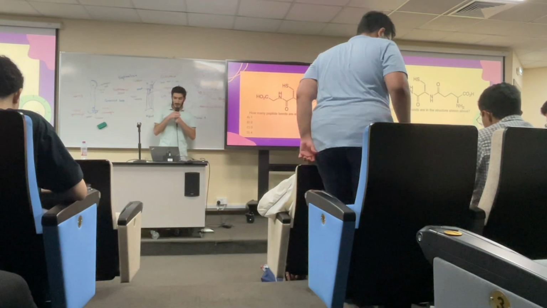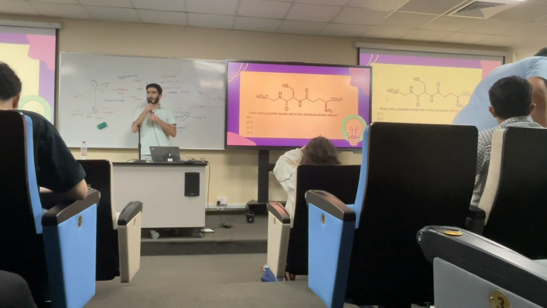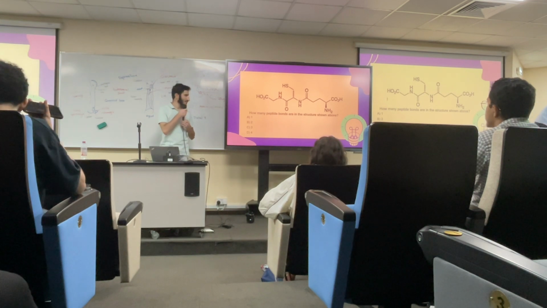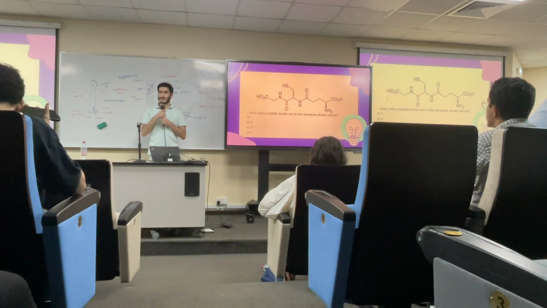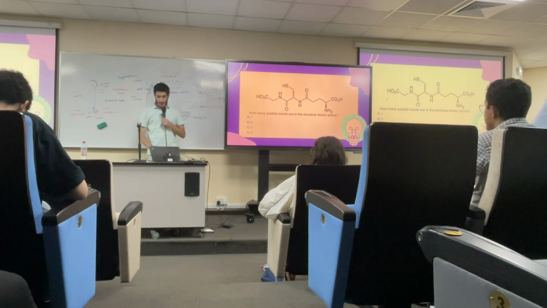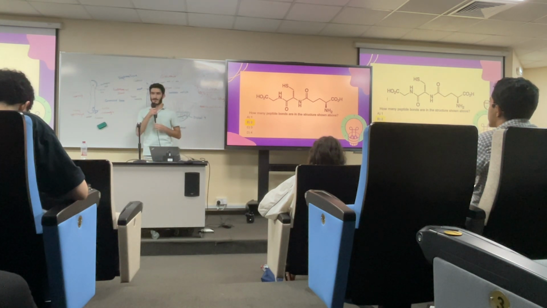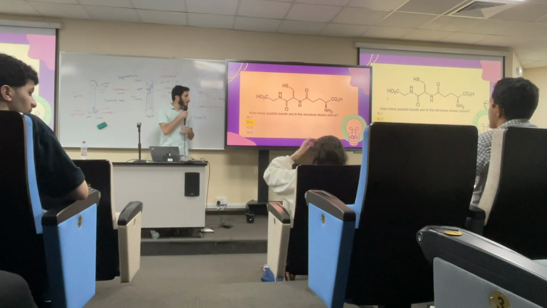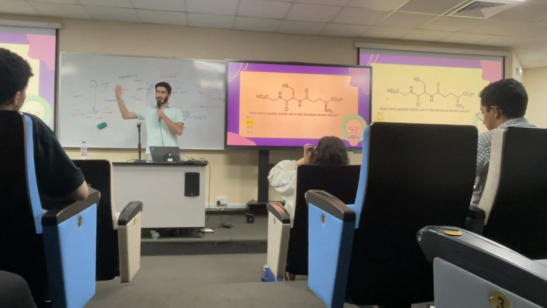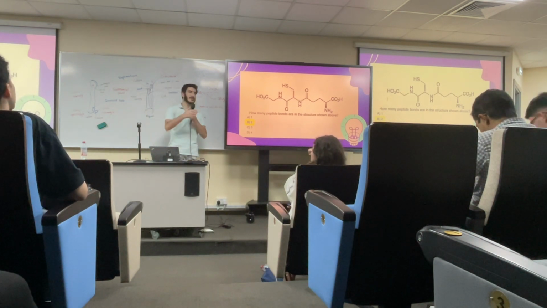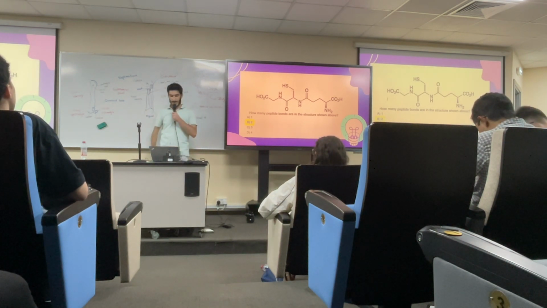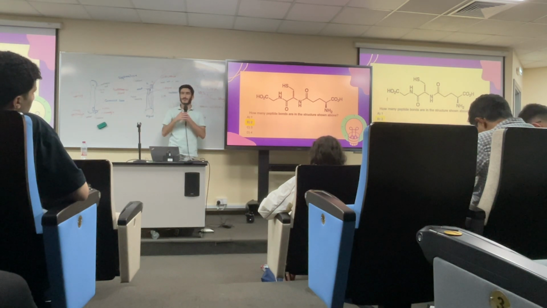Okay, so for this question, it asks for the number of peptide bonds. Yes, that is correct. And how many residues are there? 3, that's correct. So it's always the number of bonds plus 1 to get the number of residues. So how did you know that it was 2? How did you count it?